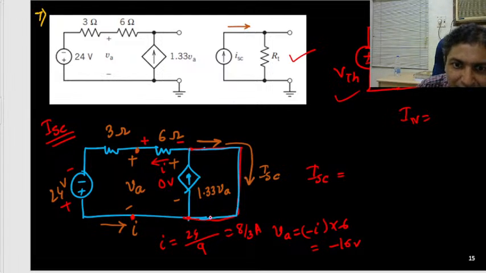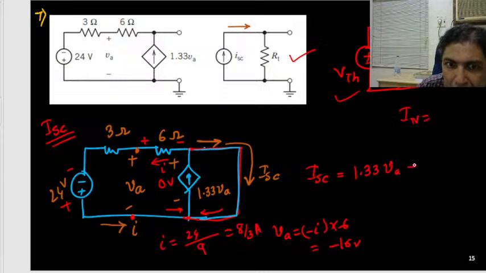ISC plus I equals this current. This current is ISC, this current is I, and this current leaving is 1.33 VA. So can I write ISC equals 1.33 VA minus I?